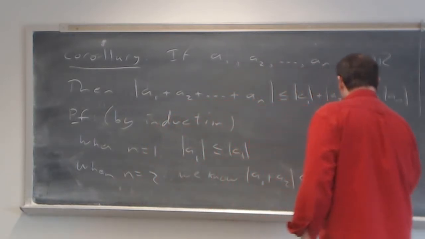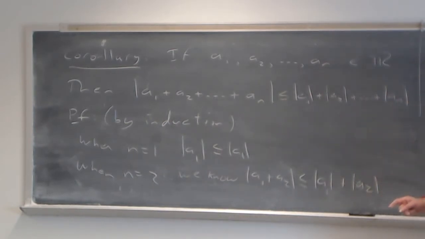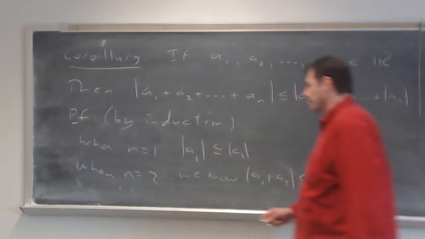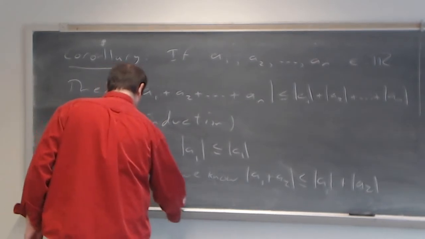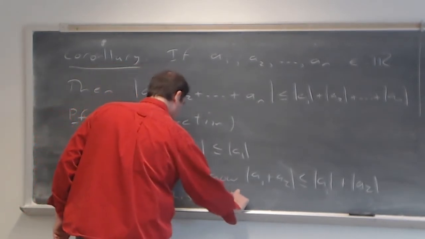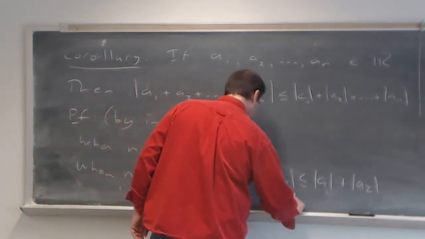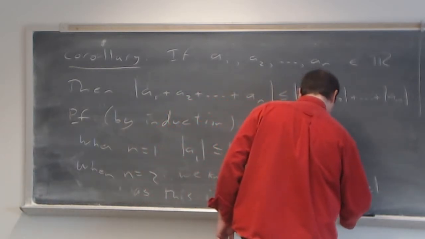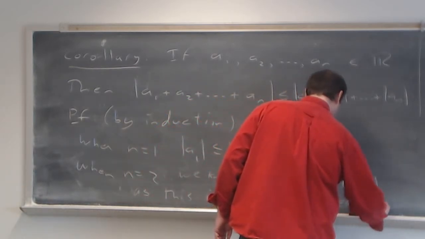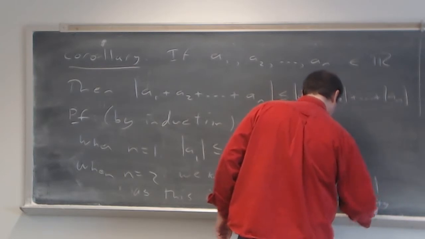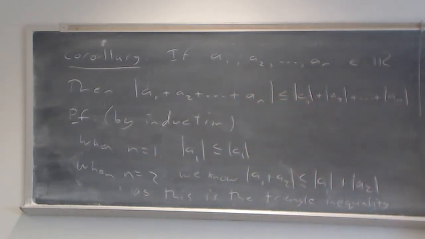And the reason that I already know that is because this is the triangle inequality. We usually don't show n equal to 2, but I did here because we're going to need it. That's why this statement's a corollary. I'm just reminding us we've already shown it.